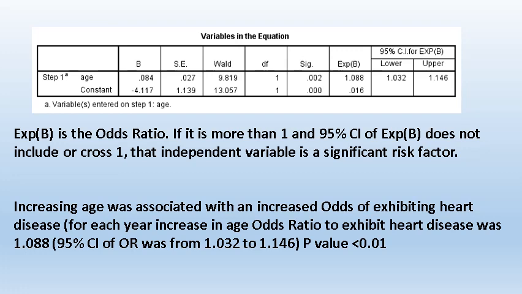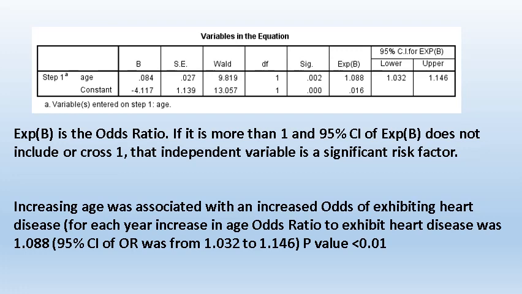We can cross check. Look at the significance value. It is 0.002. That is less than 0.05. So it is statistically significant. So how to interpret: increasing age was associated with increased odds of exhibiting heart disease.